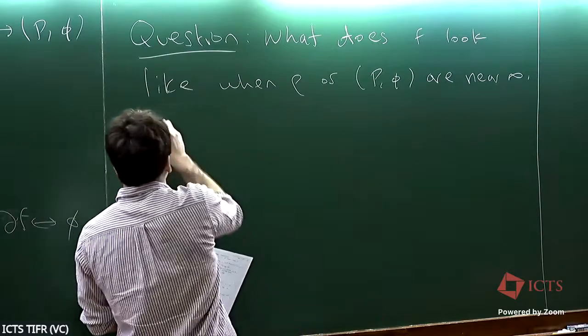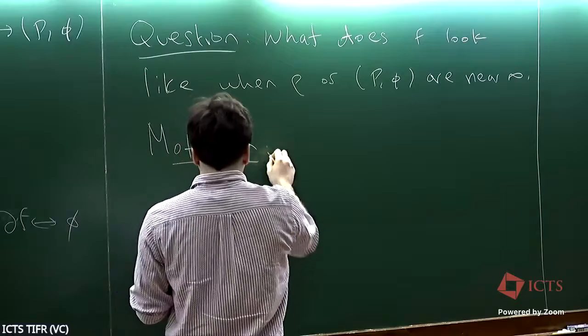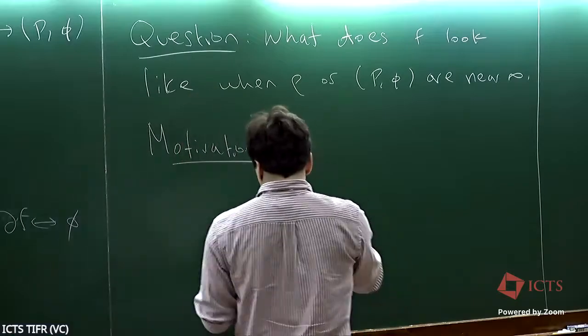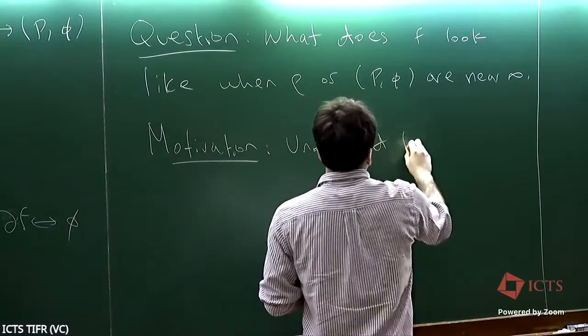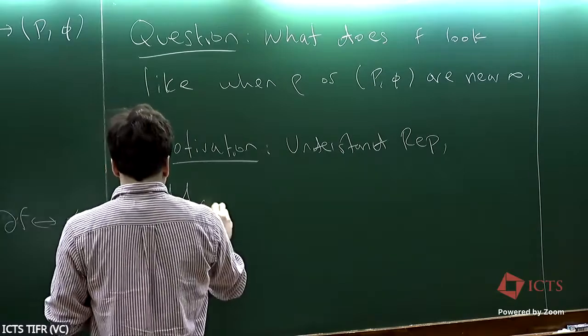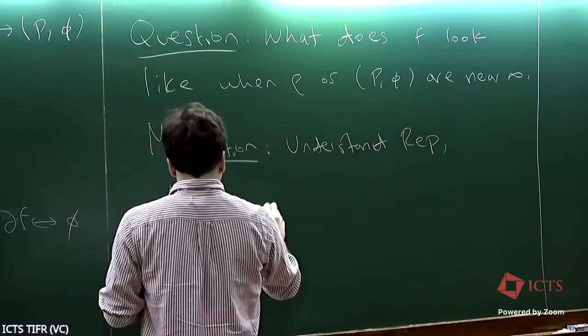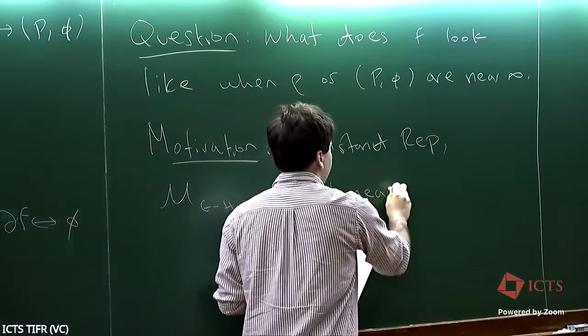And on the motivation, I'll be fairly brief. Just very broadly, we want to understand the character variety, the moduli space of Higgs bundles, and the non-abelian Hodge correspondence near infinity.